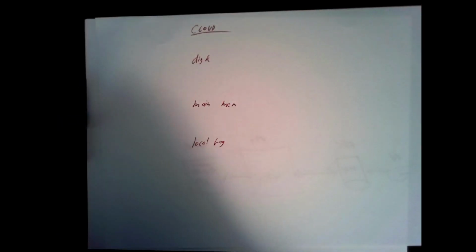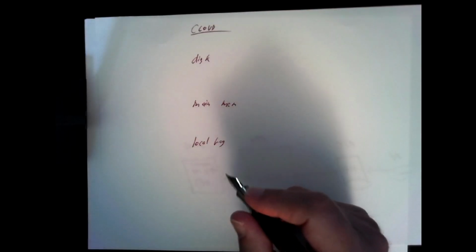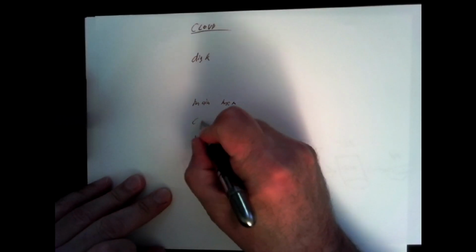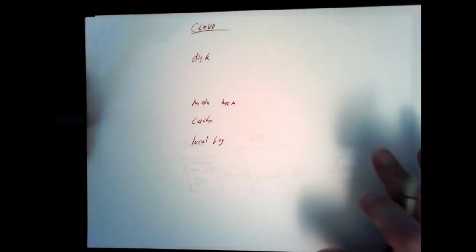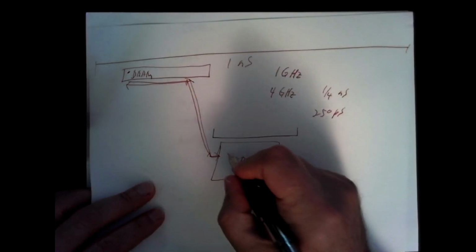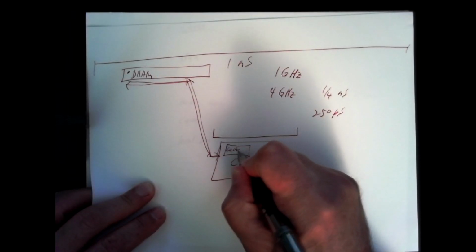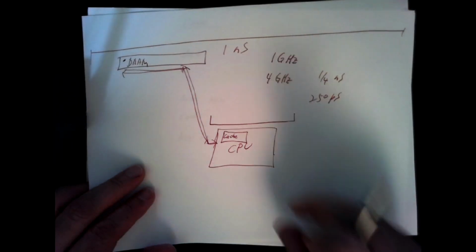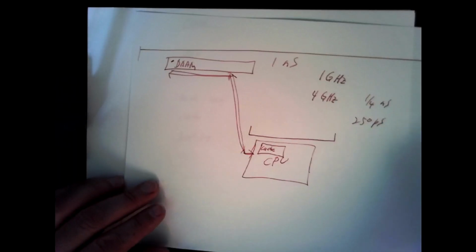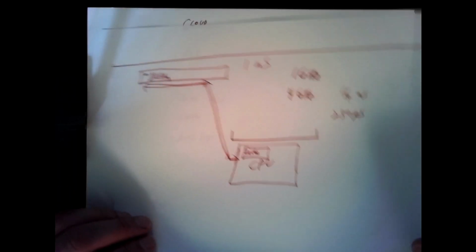Well, we put something in between our local registers and the main memory, and this is called a cache. And a cache is part of the CPU. It's sitting on the chip, and it's basically a local copy of some of your main memory.